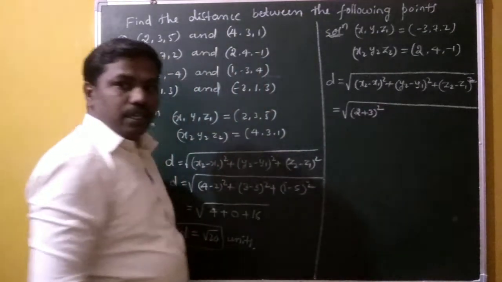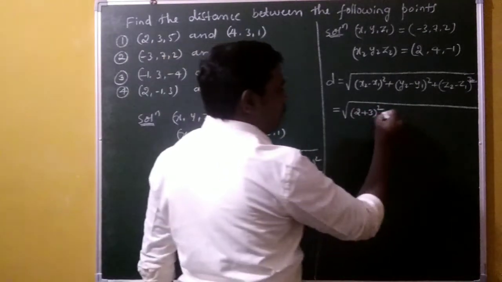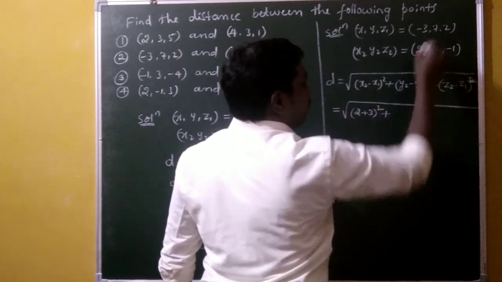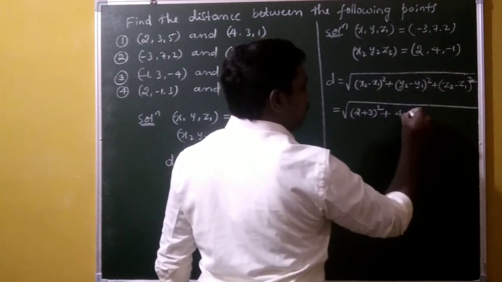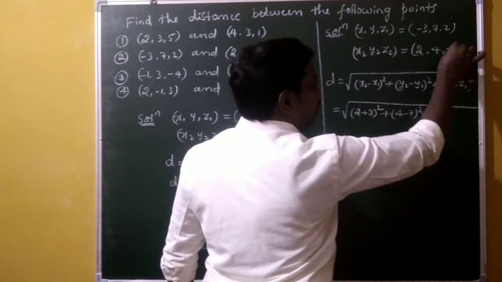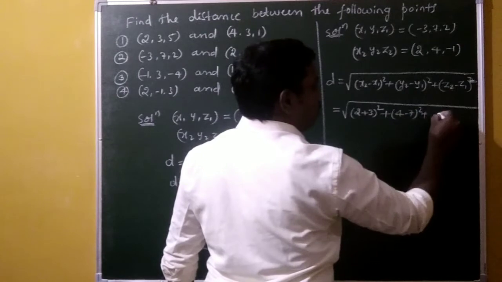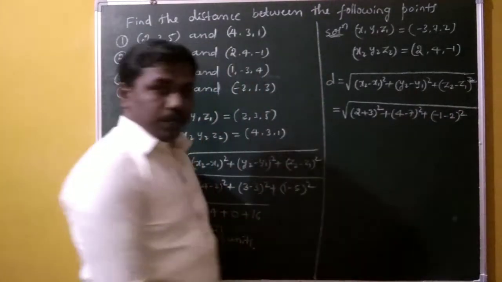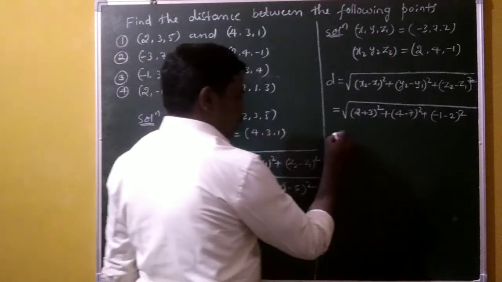Okay. Next y2 minus y1. So y2 is 4 and y1 is 7. 4 minus 7 whole square. Next z2 minus z1, minus 1 minus 2, whole square. Okay. Any confusion? Right.